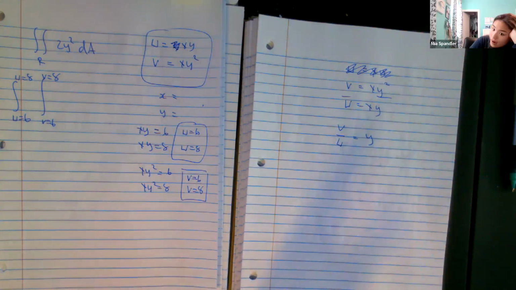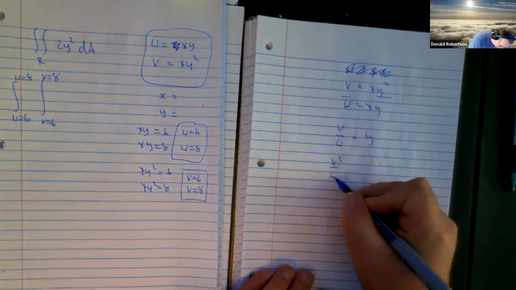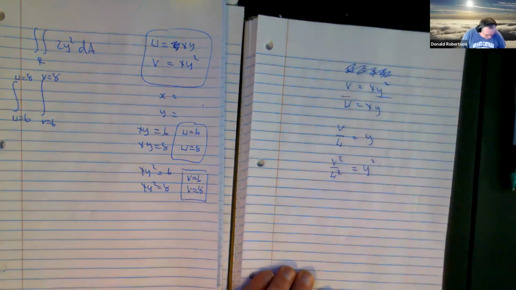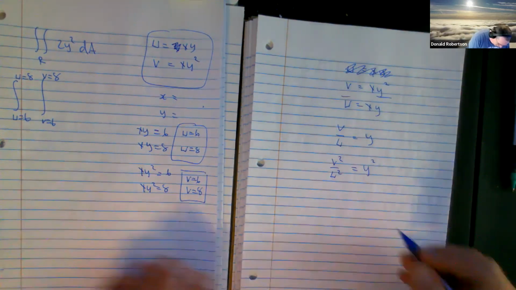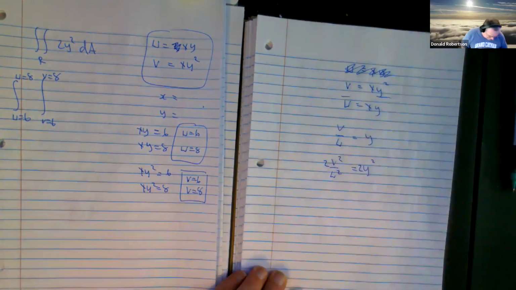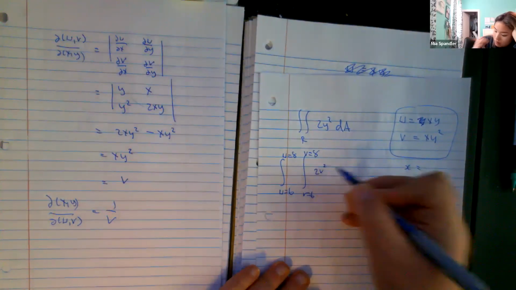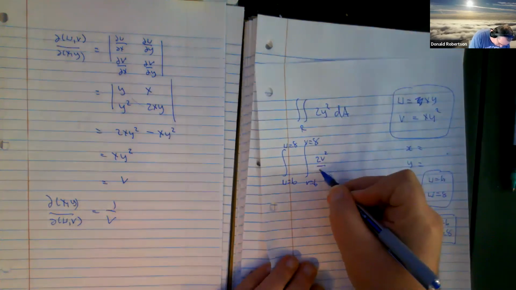So v squared over u squared gives y squared, and 2y squared gives 2v squared over u squared.